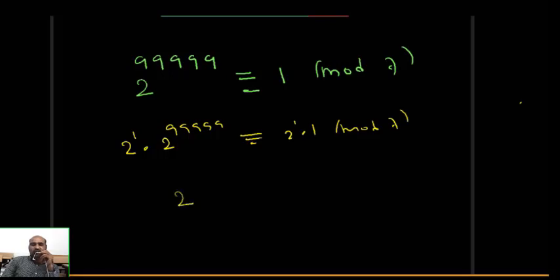Adding the powers, what will we get? 10 power 6, congruent to 2 modulo 7.